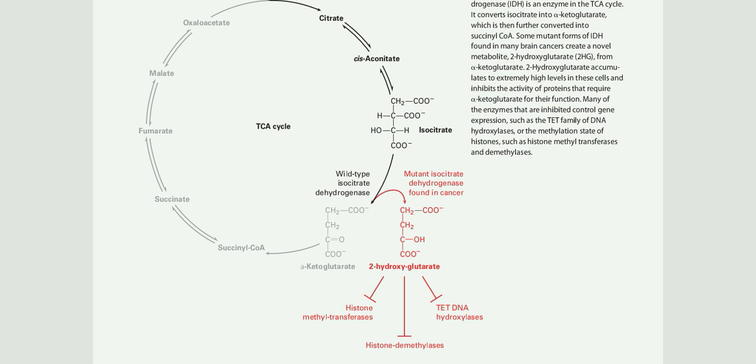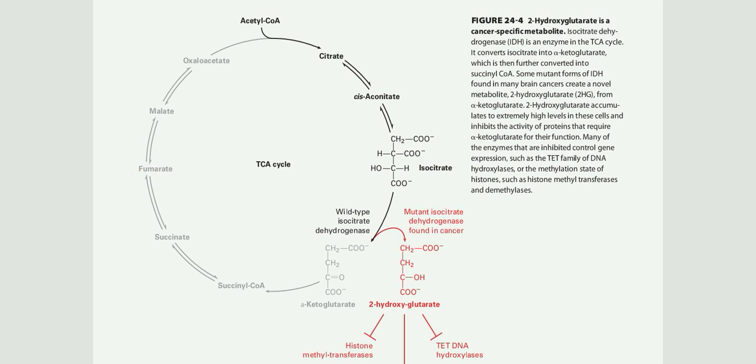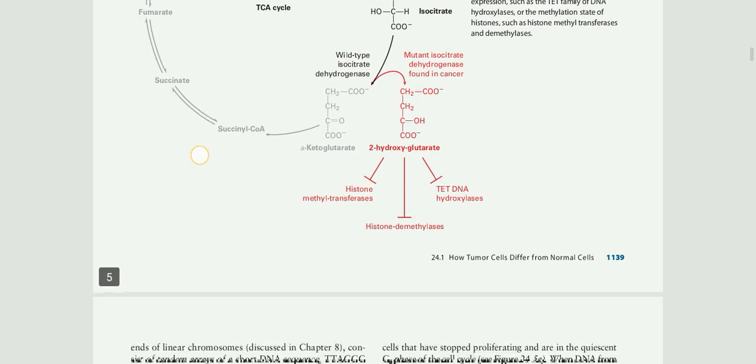TET DNA hydroxylase is also not functioning. Then histone demethylase gets inhibited. Because of that, the normal pathway of the TCA cycle is disrupted. So all the other products like succinyl CoA, succinate, fumarate, malate, oxaloacetate, etc. are not formed. Inhibition is happening there.